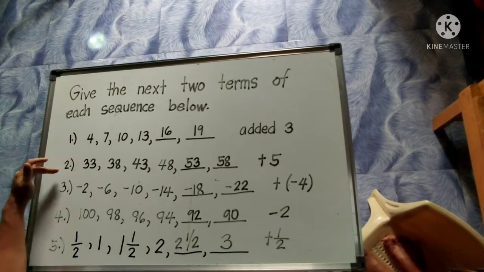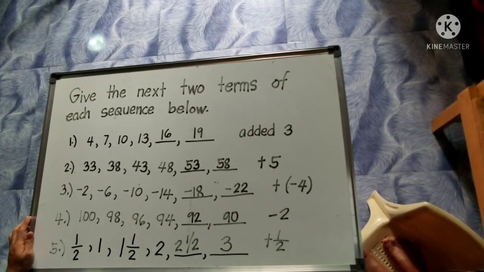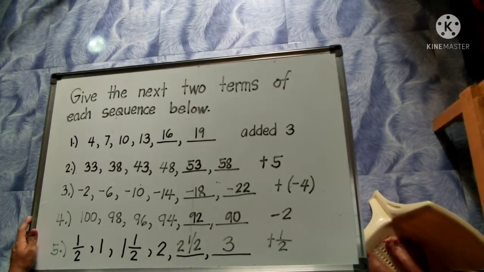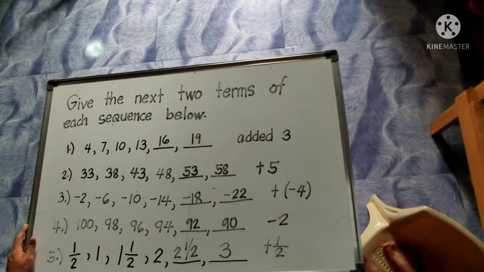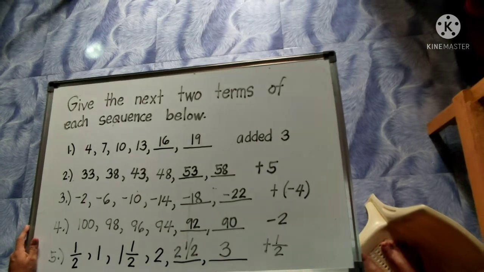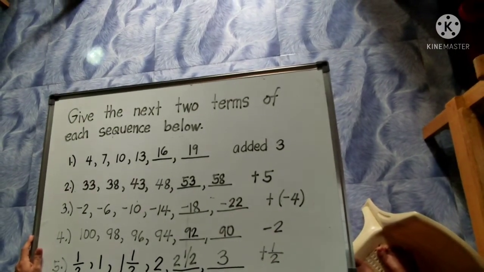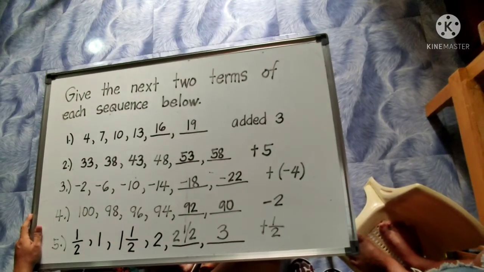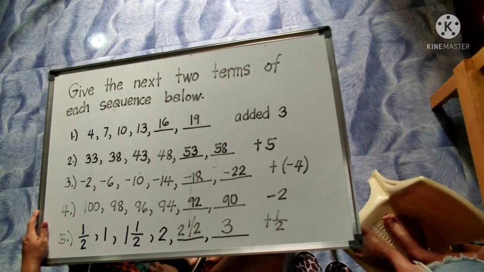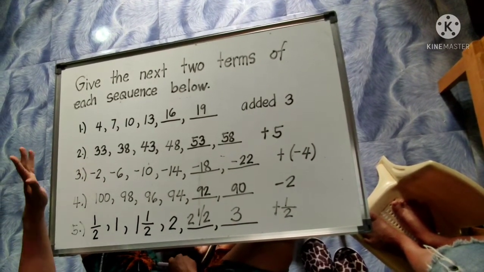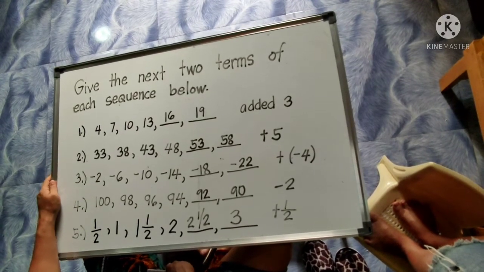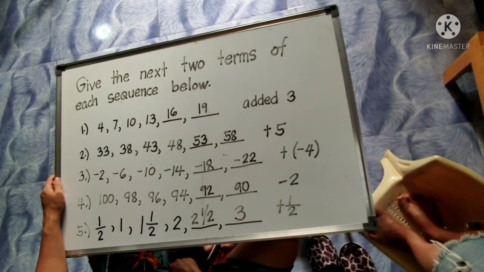So you have noticed that in number 1, number 2, number 3, number 4, and number 5, in every number, there is that constant number that we added or subtracted to the terms. And that is what we call the common difference. That constant that we added to the terms is what we call common difference.